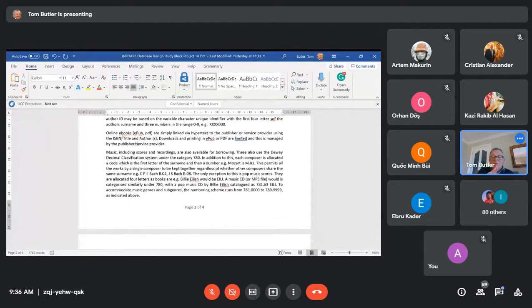In other words, the library just provides that hyperlink. It has a contract with them, and you're out of luck if you can't actually print it off, but you will be able to read it online. You know what I mean? But you can't download it unless an agreement has been entered into for that purpose. So that's outside the purview of this system. But we need to have that in the library in any case. The link will be a field in the ebook attribute.